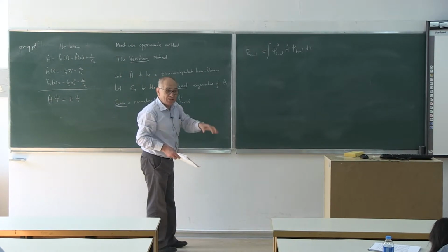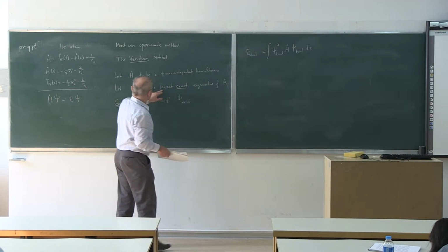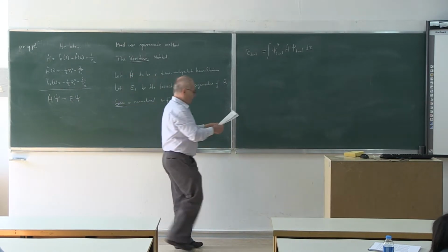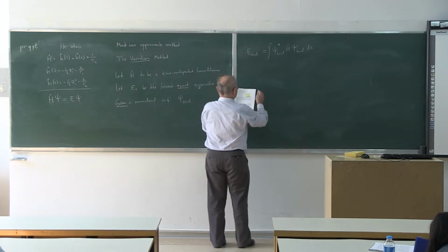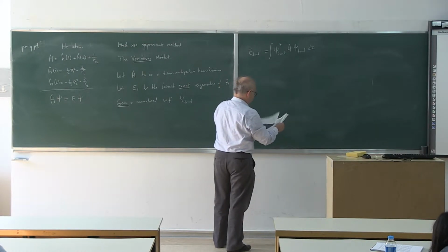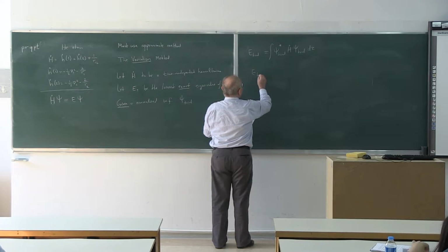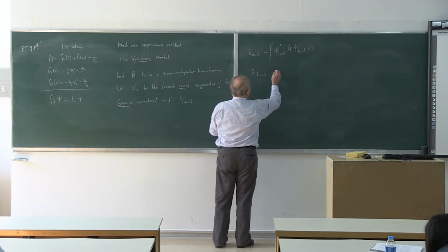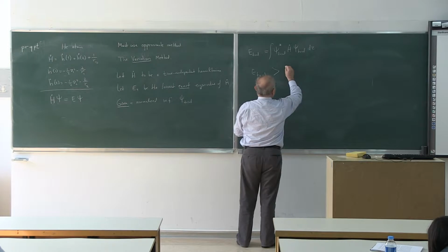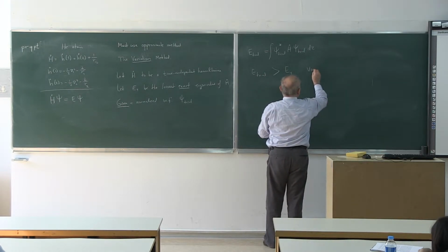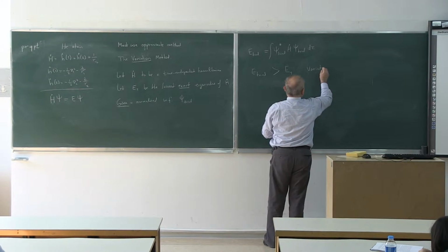Exact ground state energy. Lowest eigenvalue means the ground energy level. So, E trial is larger than E1. This is the variation principle.